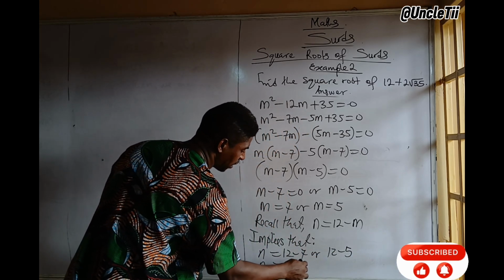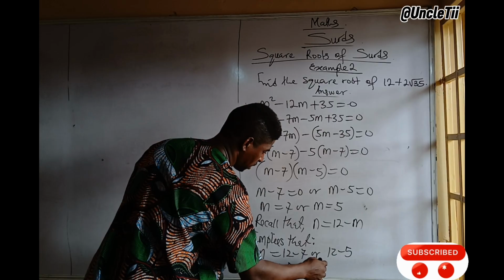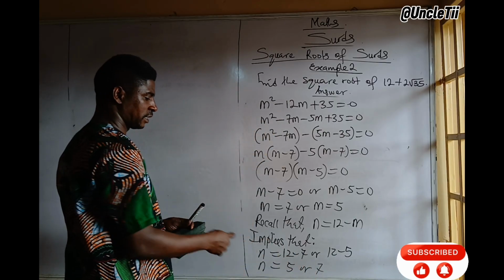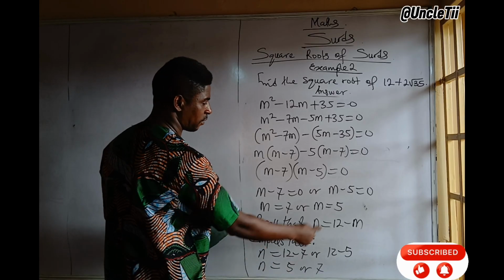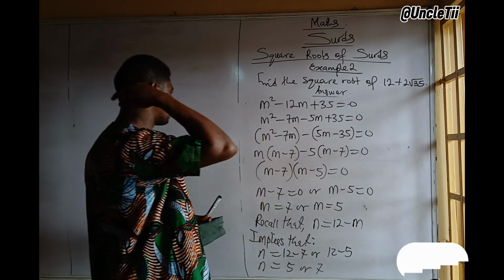So n is equal to 5, or n is equal to 7. Again is the alternate. When m is 7, n is 5, and when m is 5, n is 7.